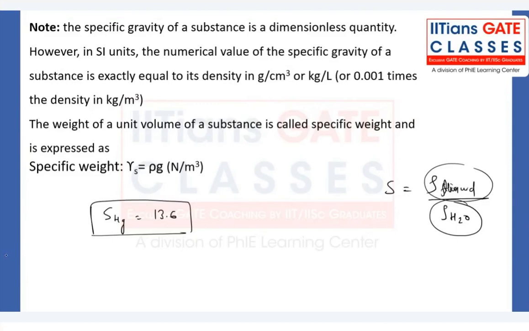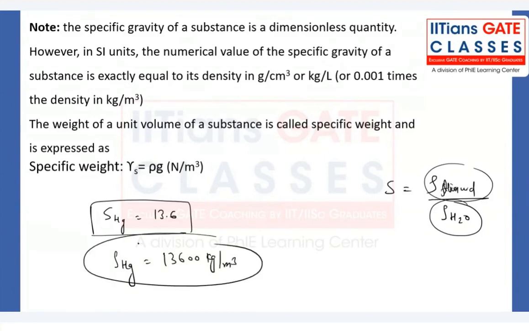So indirectly, if you multiply by 1,000, you will get the density. So what is the physical significance of specific gravity? Indirectly, it shows the density of the particular fluid, right? Because what is the density of water? It's 1,000 kilogram per meter cube.